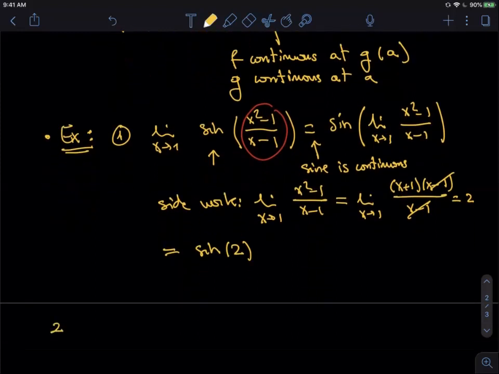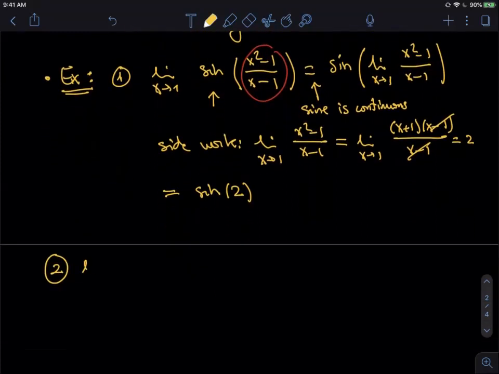Let me do one more example. Let's say the limit as x tends to 1 of the natural logarithm of x squared plus 1.